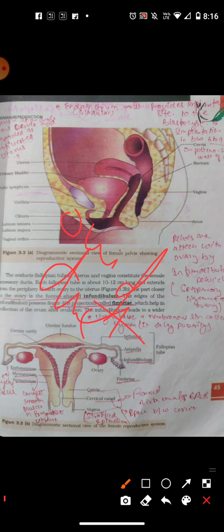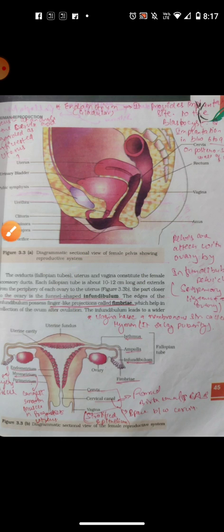The part of the oviduct closer to the ovary is funnel shaped and is called the infundibulum. The edges of the infundibulum possess finger-like projections called fimbriae, which are helpful in collecting the ovum during ovulation.